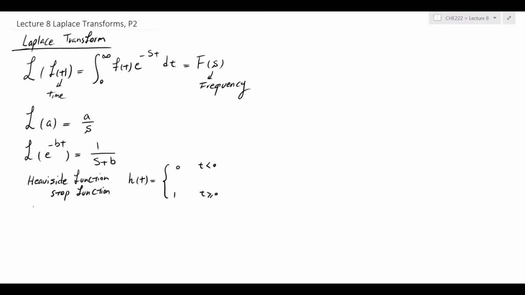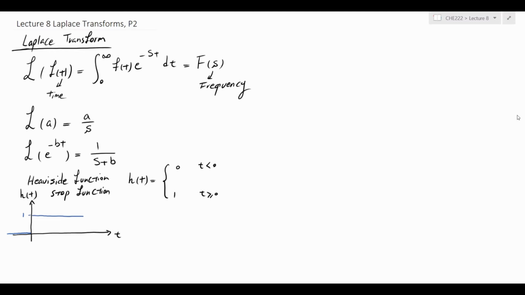So the shape of this function is something like this. For any negative value it is 0, and for any positive value it is 1.